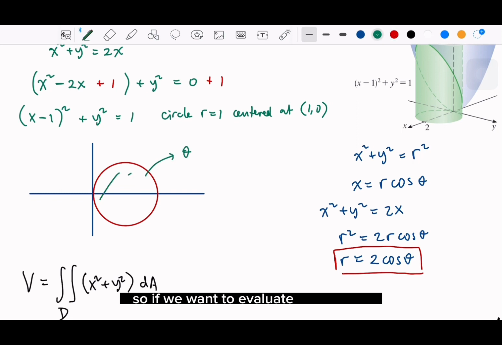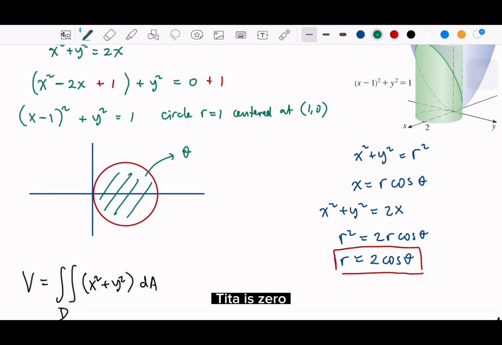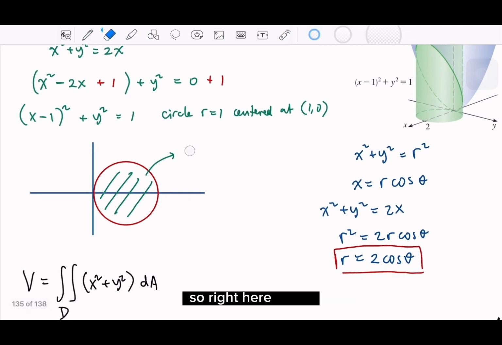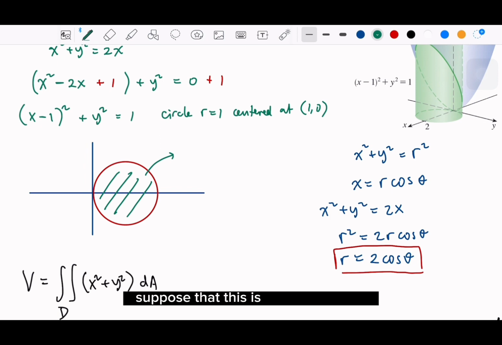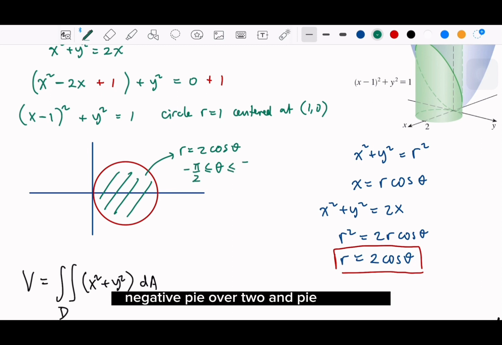So if we want to evaluate this area, the angle, we can start when r is 0, which is when theta is pi over 2, sorry, because it's cosine, right? So let me write here, r equal to cosine theta. The theta will be between negative pi over 2 and pi over 2.